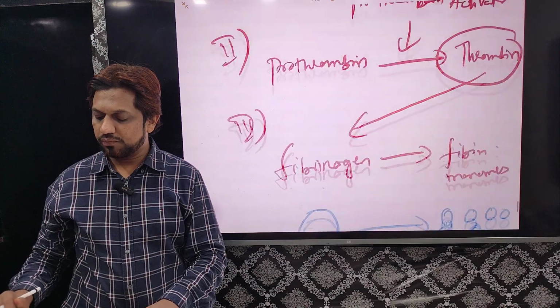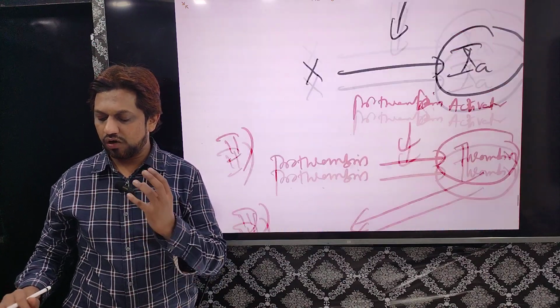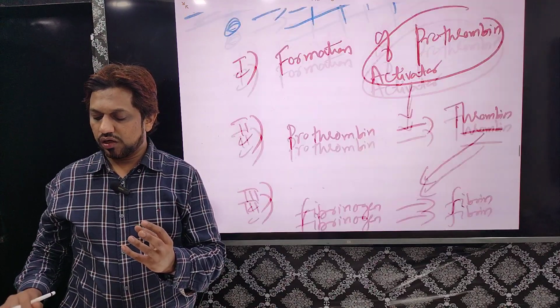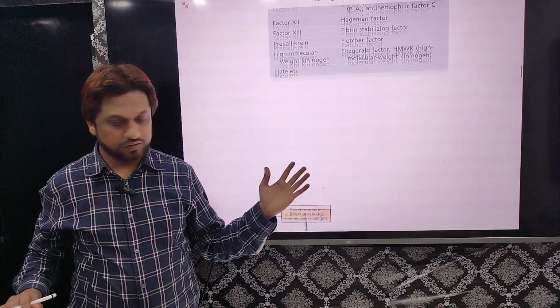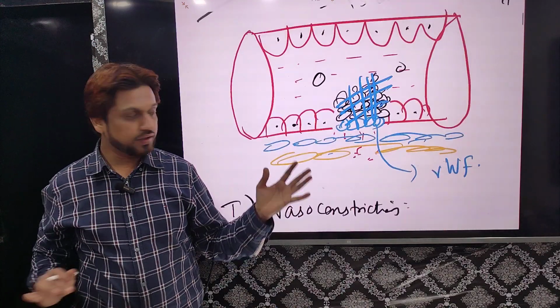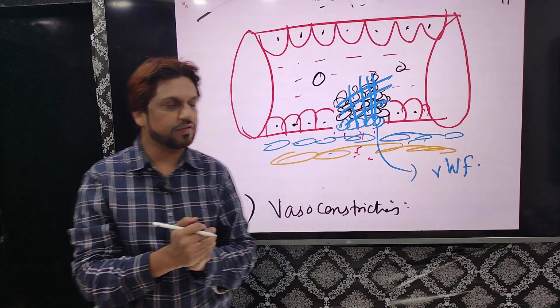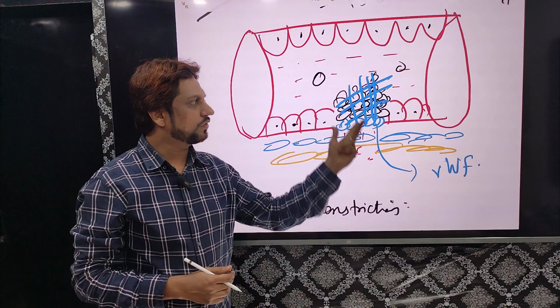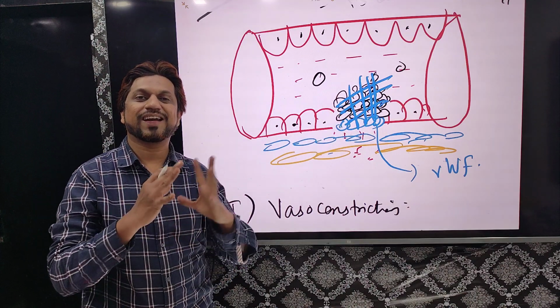These fibrin fibers along with the entrapped cells form the blood clot. Hope you understood this. So ultimately the blood clot is formed by these fibrin fibers and the entrapped cells, that is RBCs, WBCs, platelets and the clotting factors. After that there is clot retraction.